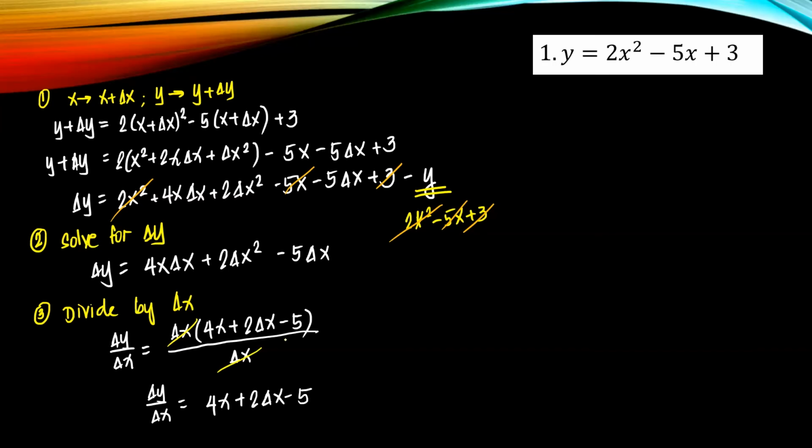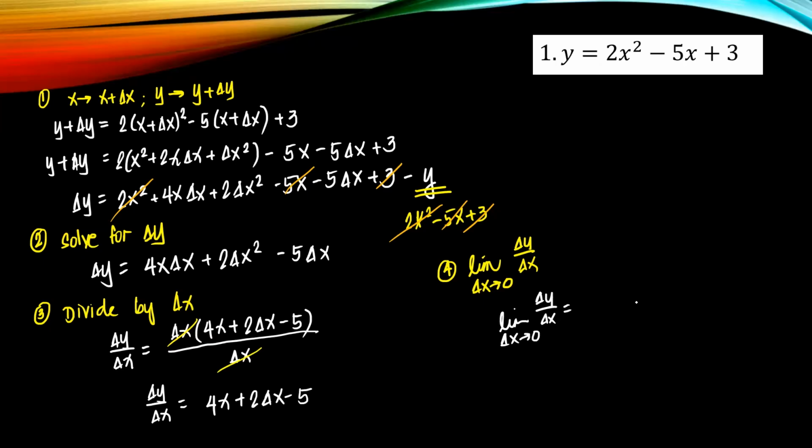All right. And then let's go to the last. The last is the limit as delta x approaches 0 of delta y over delta x. So in here, we will solve for the limit as delta x approaches 0 of delta y over delta x.